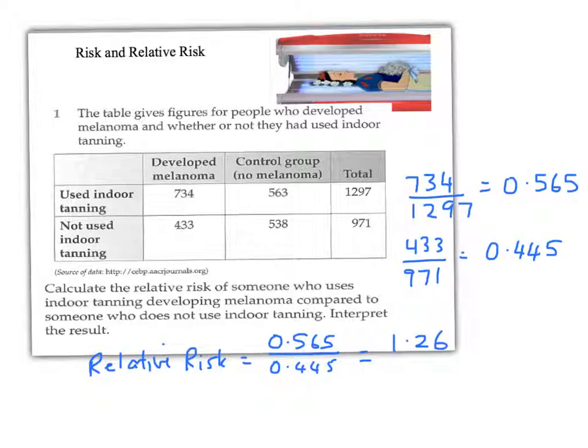Now, what you need to do is interpret this result. It doesn't have any units because we're talking about two percentages which kind of cancel each other out. The relative risk is 1.26.